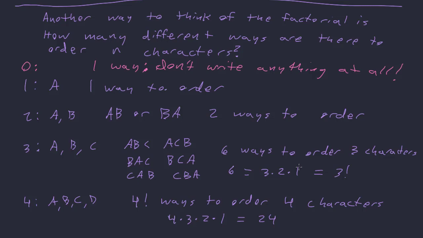Some would even argue there's an infinite different ways to not write anything, right? You could not write anything from the top or the bottom or whatever. That's an argument for a different day. But essentially, the one way is you don't write anything. You have a blank. I'm just using this line as a blank, but that's the one way to order or to write 0 characters.